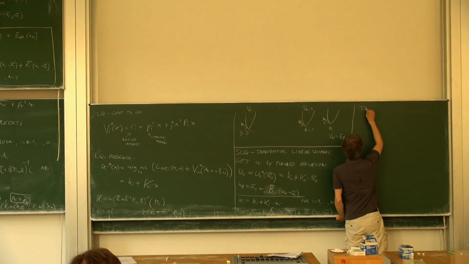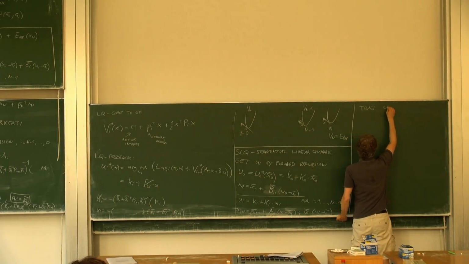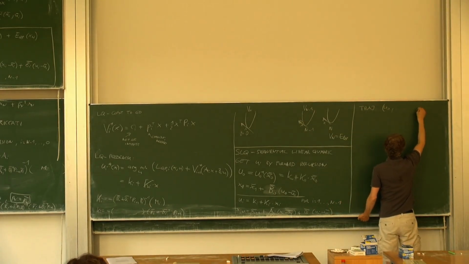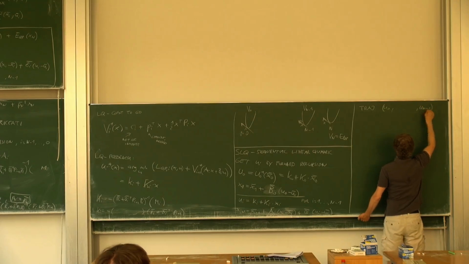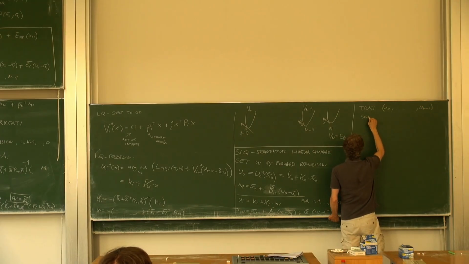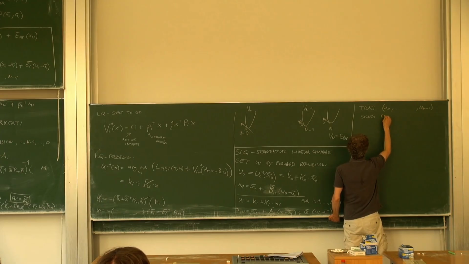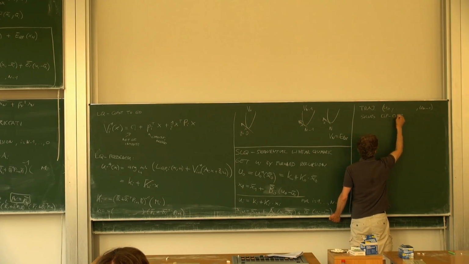So the trajectory u_0 up to u_{N-1} solves the QP OCP.